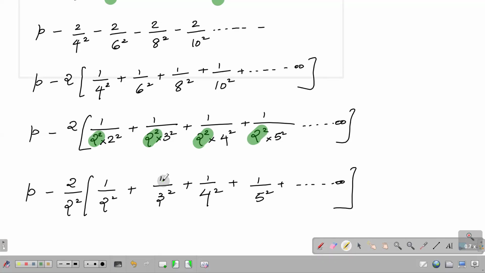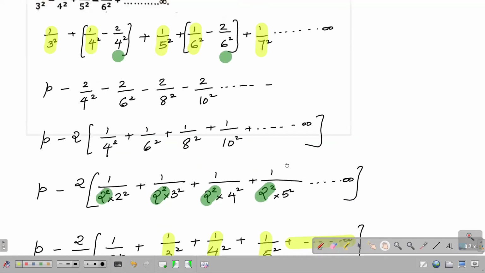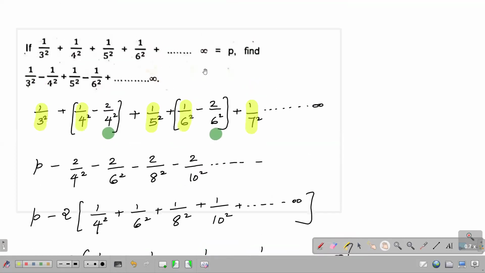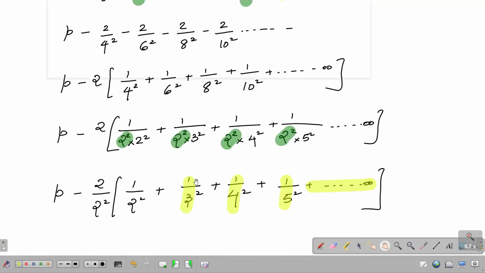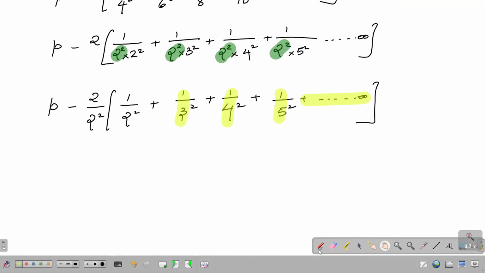Wait a minute. Don't you see something interesting here? 1 by 3 square plus 1 by 4 square plus 1 by 5 square etc. up to infinity. What is that? You can see in the question it is given. This is nothing but the value P, right? So bring that value back here.